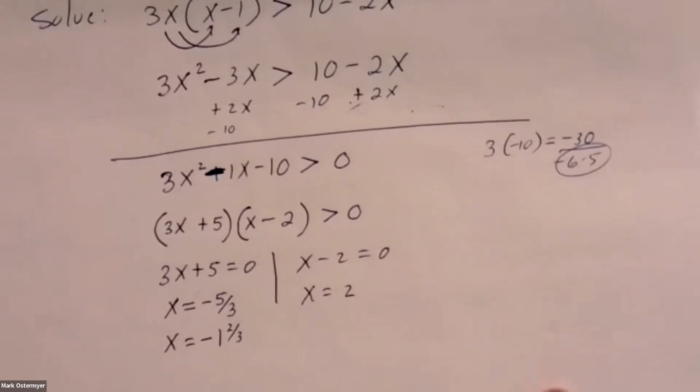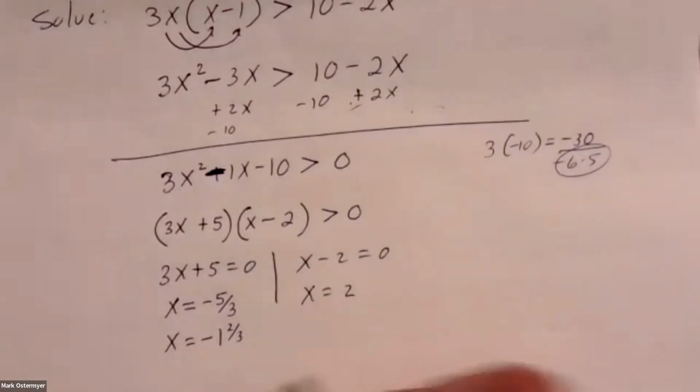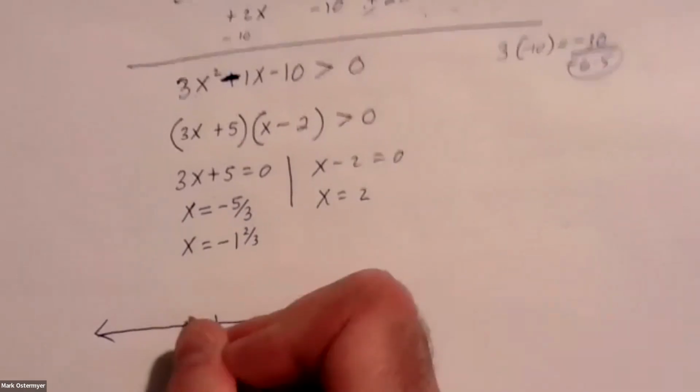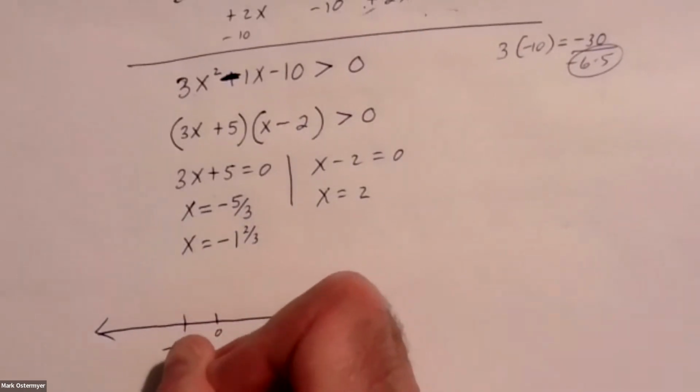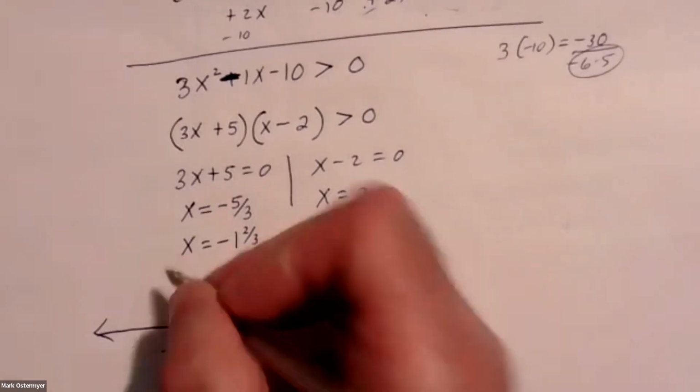What are these values going to do? They're going to partition up our x-axis. So we're going to place them on the x-axis. There's my x-axis. There's 0 for reference. There's negative 1 2/3 right here, and I've got positive 2 over here.